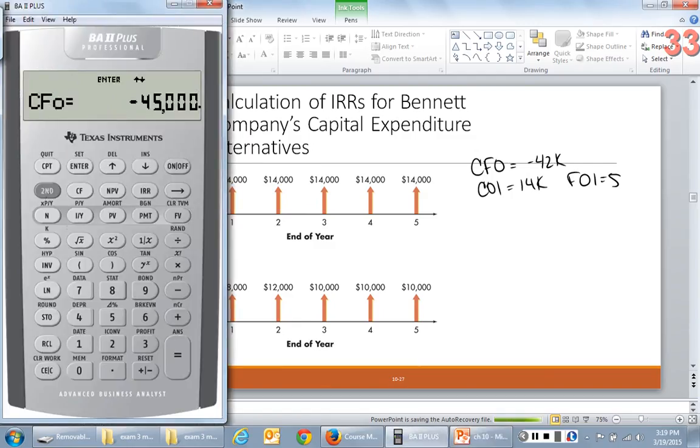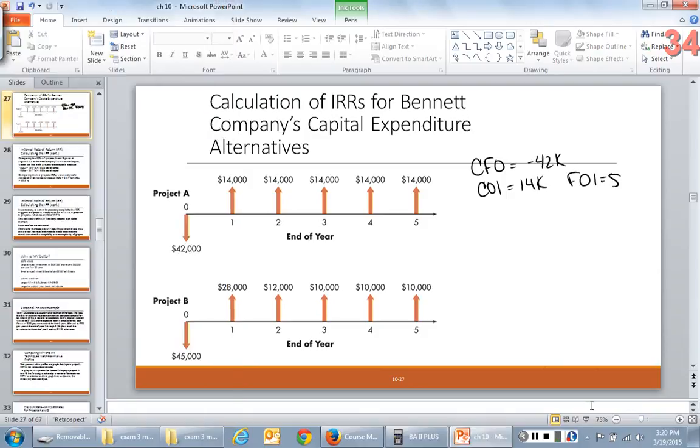Push the cash flow button. Clear your work. So 42,000 negative, enter, down arrow. 14,000, enter, down arrow, frequency of 5, enter. Now you push the IRR button and compute. And you get 19.9%.